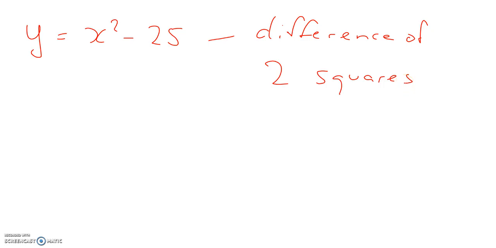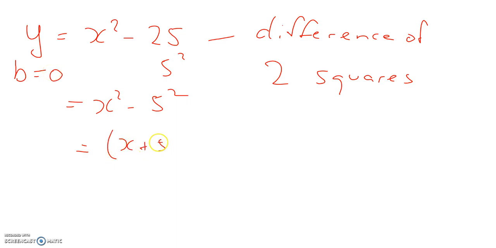If you look, we've got two numbers squared. Here's x squared, and here is 25, which is 5 squared. So we can write this as x squared take 5 squared. And there's no x term, so b equals 0. We can factorize this really quickly. It's x plus 5 times x minus 5.